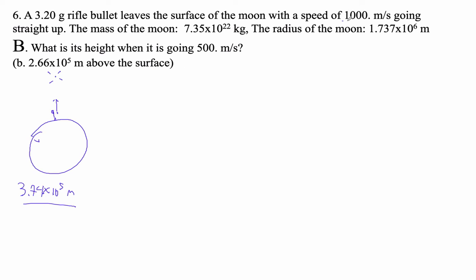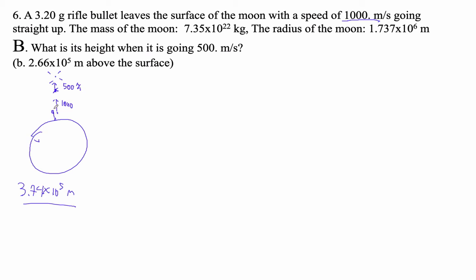It's launched with 1,000 meters per second, but at some point between 1,000 and 0, it's got to be going 500, right? Okay, so at what point is it going 500 meters per second? Here it's going 1,000. How high is it above the surface when it's going 500 meters per second?